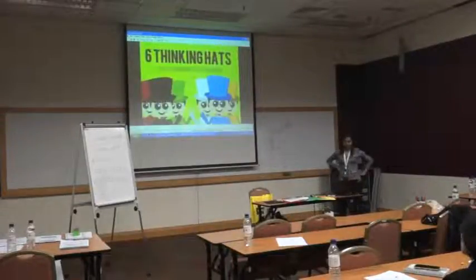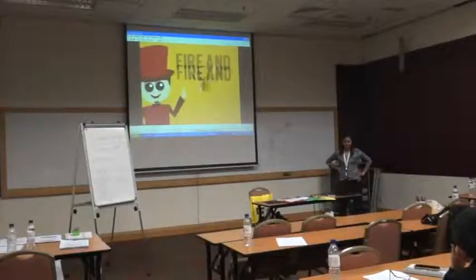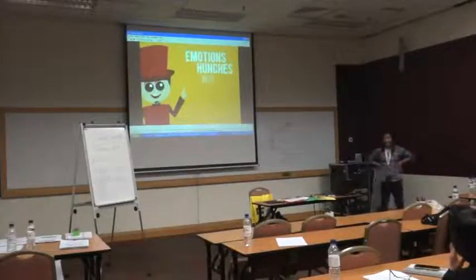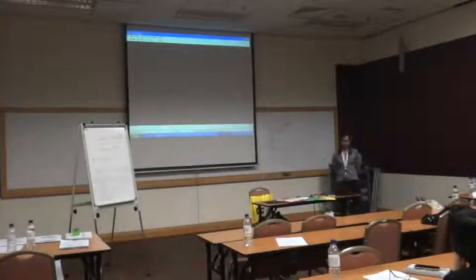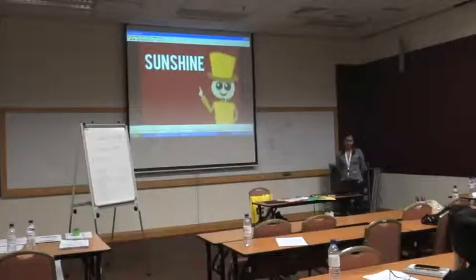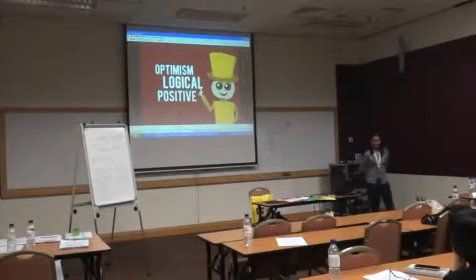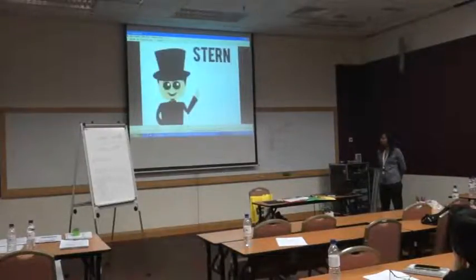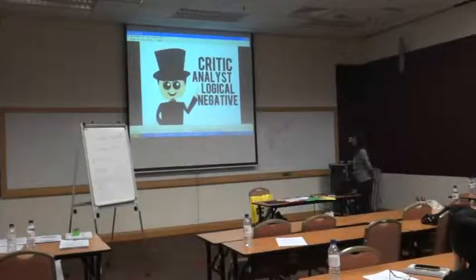Six Thinking Hats by Edward de Bono. Red hat. Think of fire and warmth. Associated with emotion, hunches, intuition, gut and feelings. Yellow hat. Think of sunshine. It is for optimism, logical and positive thinking. Black hat. Think of a stern judge. It is the hat of critic, analyst, logical and negative.